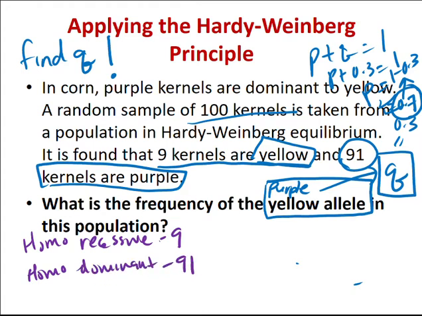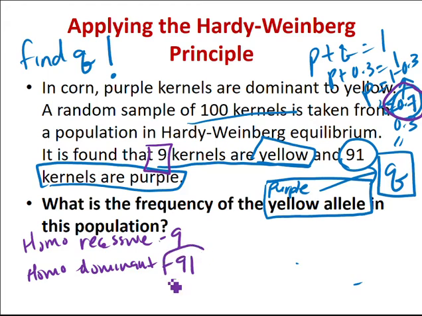So my advice is to always find Q first. So you use these 9 kernels. Even though the question says to find the dominant allele's frequency, start with the recessive, homozygous recessive. Why? Okay, and work your way to P plus Q equals 1.